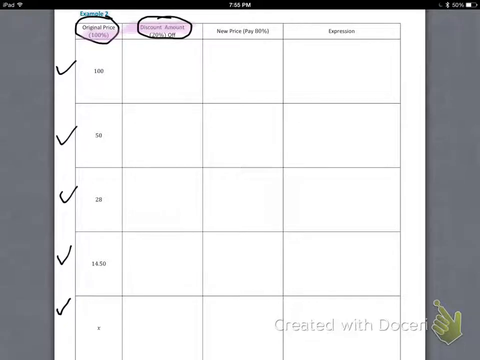So let's do the 100 together. If I'm going to find the discount for $100, I would take my 100 and, talking in terms of decimals, multiply that by 0.20. 0.20 and 0.2 are the same, but just for the sake of seeing it, 0.20 is the decimal version of 20%.